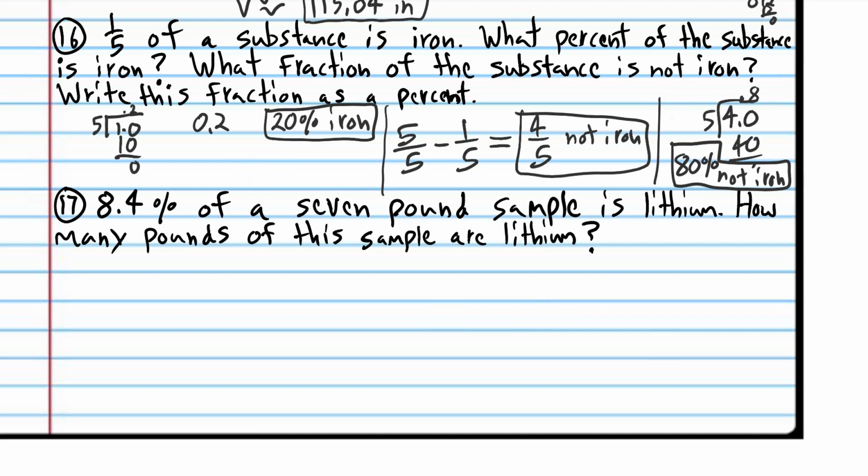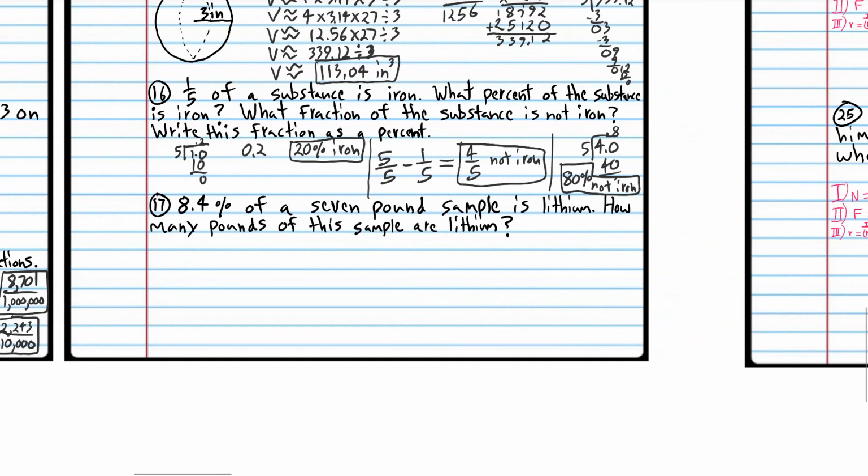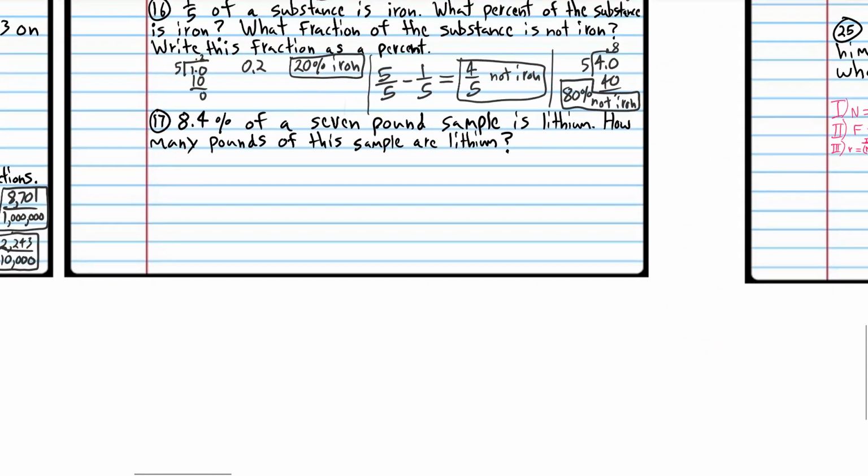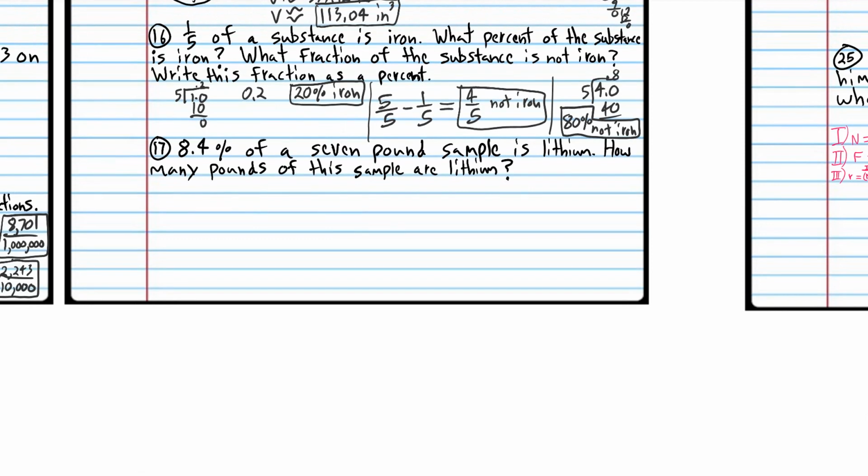In fact, 5 out of 5 and 100 out of 100, that's the same thing. It's the same fraction, just written in different forms. So 100 out of 100, or 100%, is everything. So if you subtract 20%, you just get 80%. That's another way to do it. So again, we're just messing around with fractions, decimals, and percents.